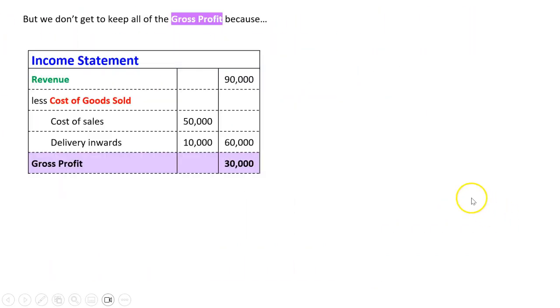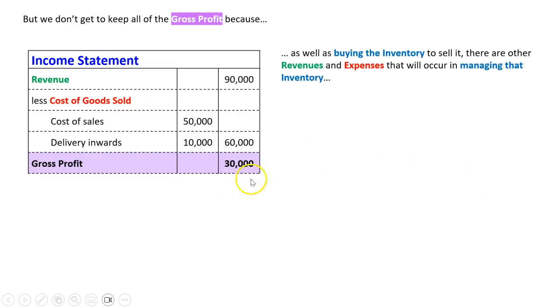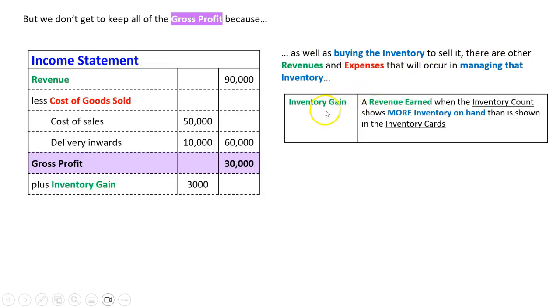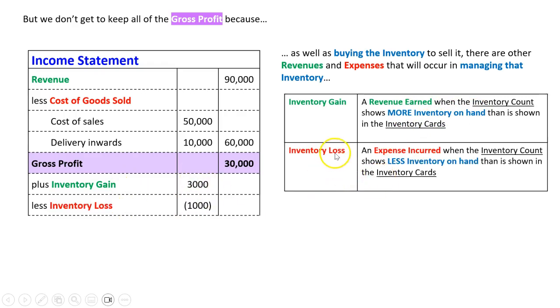But unfortunately, we don't get to keep all that as the business. What we've got to do is take out and add in some other things. So as well as buying the inventory to sell it, there are other revenues and expenses that will occur in managing the inventory. And we've dealt with those. We've dealt with inventory gain, a revenue earned when the inventory count shows more inventory on hand than is shown in the inventory card. So we add that in. But we also have to take away inventory loss, an expense incurred when the inventory count shows less inventory on hand than is shown in the inventory cards.